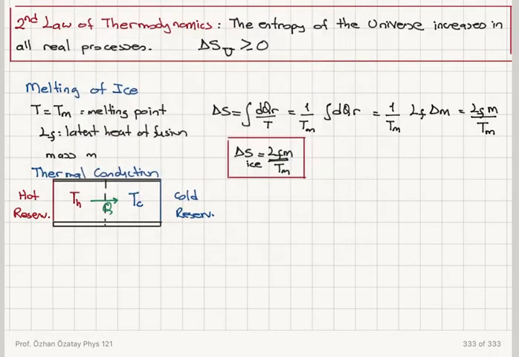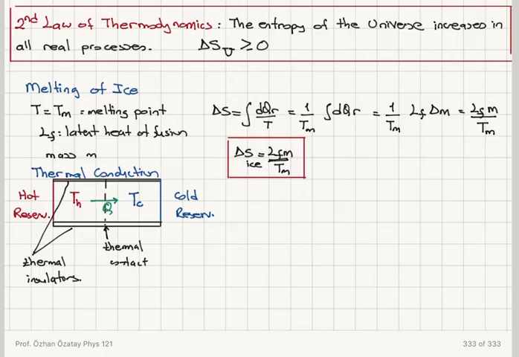And when I make the thermal contact at the boundary, here this is a thermal contact, and these two boundaries are thermal insulators, so they're not connected to the ambient. So what am I going to see? I will see heat flow from the hot side to the cold side, and normally this will continue until their temperatures are equal, so that the zeroth law of thermodynamics will take place.